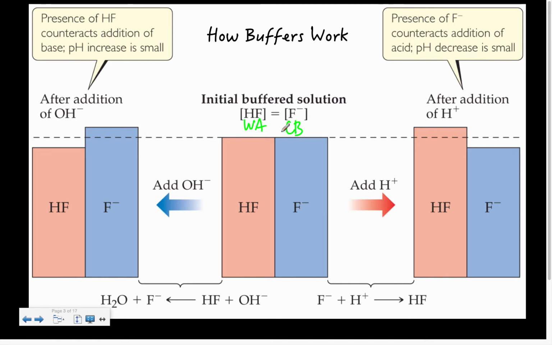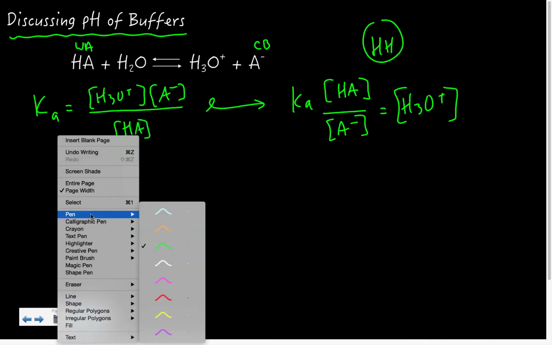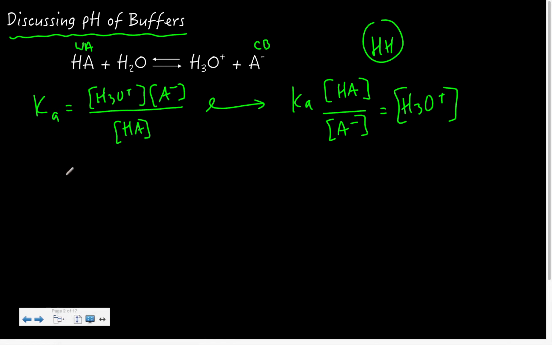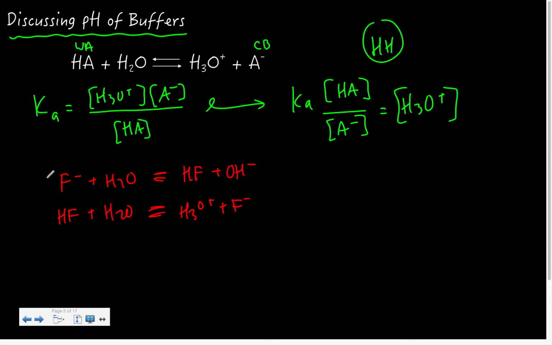Meaning that if we were to put actual identities here, if we were to talk about fluoride ion, fluoride ion does have a tendency in water to do that. Likewise, HF in water does have a tendency to do this. Both of these reactions are a possibility when I have both of these species present.